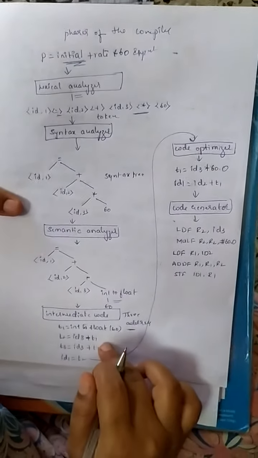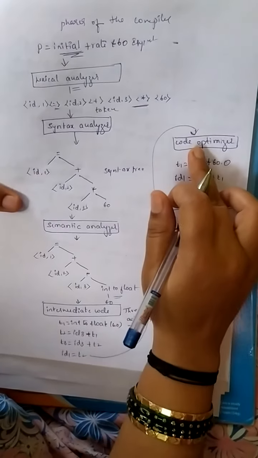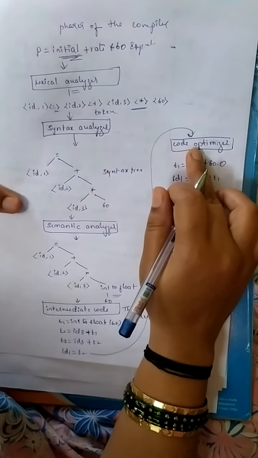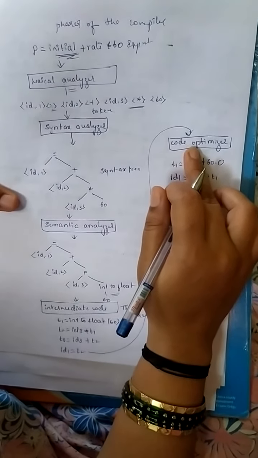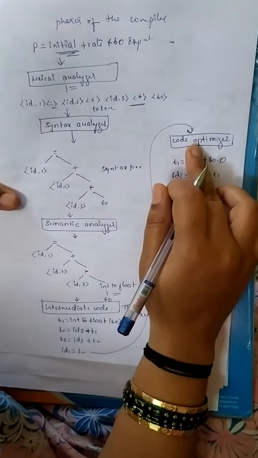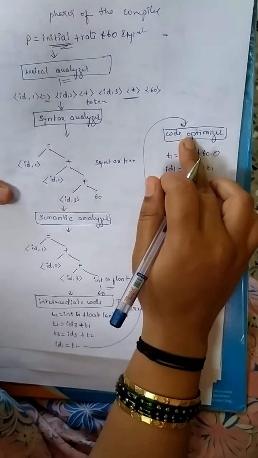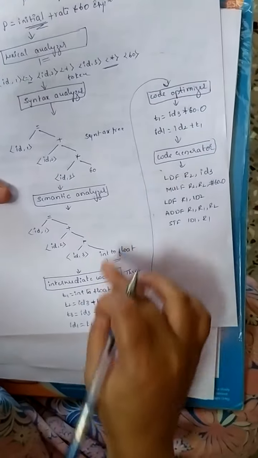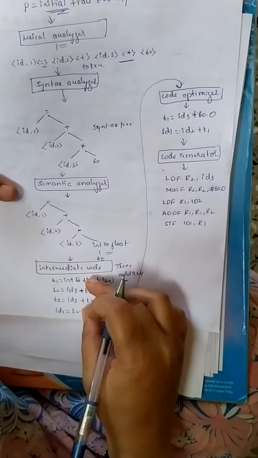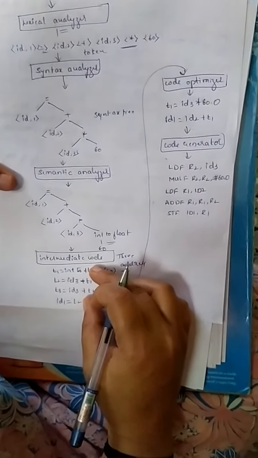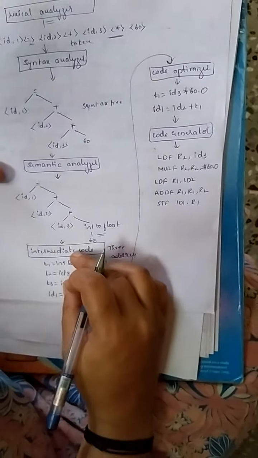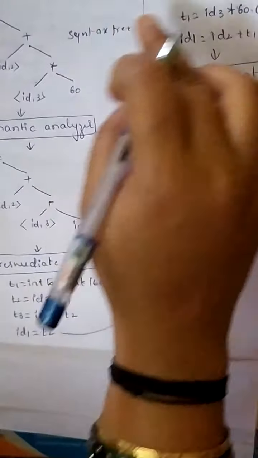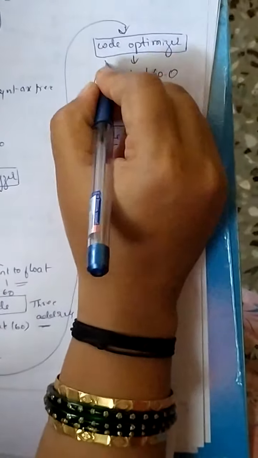After that, this intermediate code representation we are going to give to the code optimizer. What is the job of the code optimizer? It is going to optimize the code which is generated from the intermediate code. See, if you observe this example and this example, here we stored in 4 different temporary variables. The same input again we are going to store in 2 different variables.